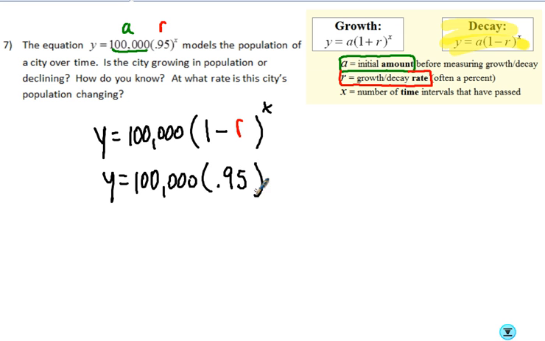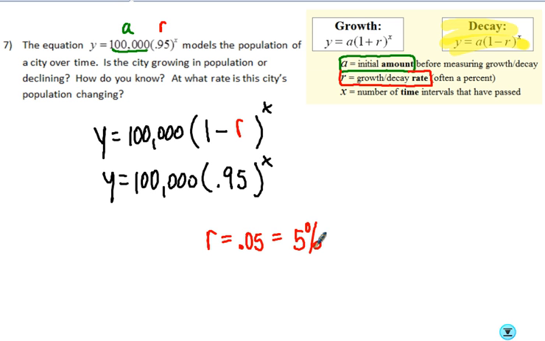Instead of going from here to here, we're going backwards. We're saying, well, 1 minus what would have given me 0.95? Well, 1 minus what would have given you 95 cents? Well, that would have to be that r is equal to 0.05, which would be 5%.